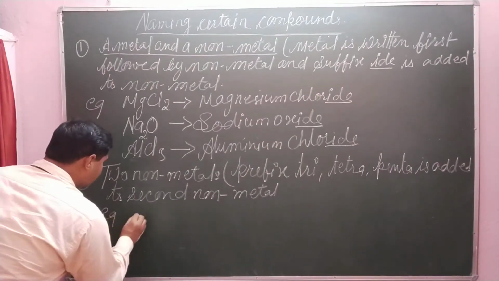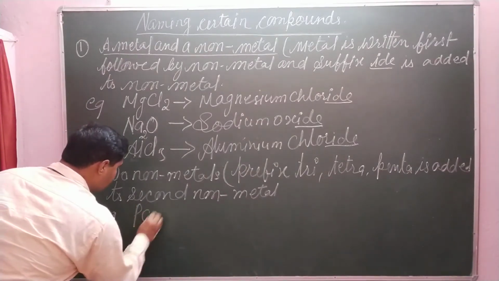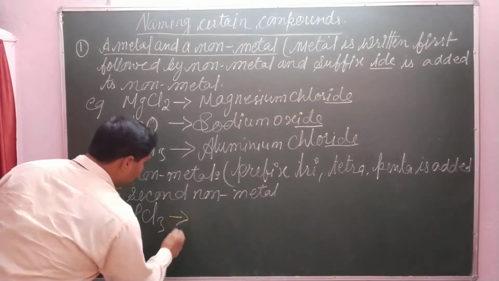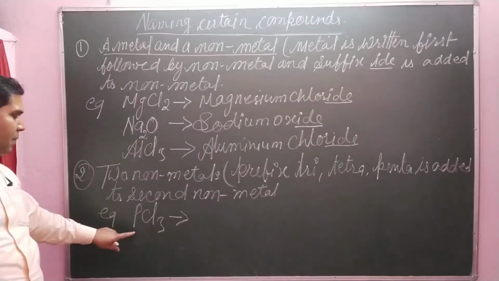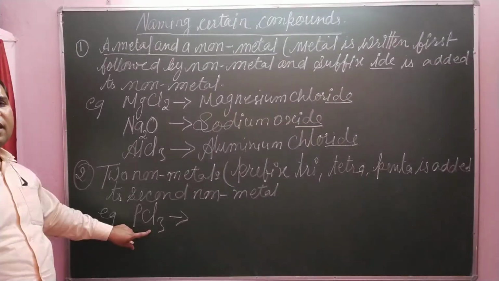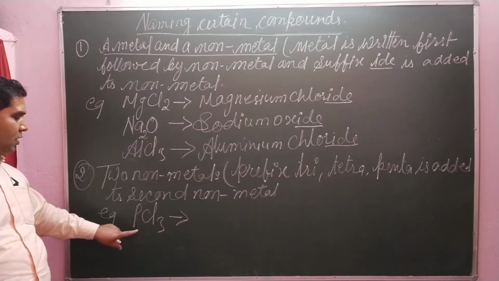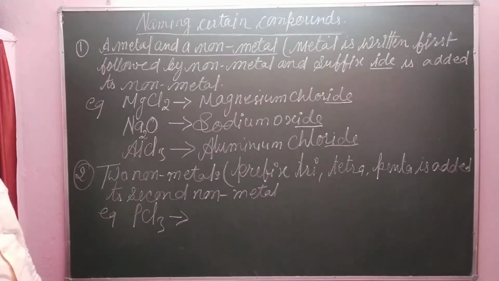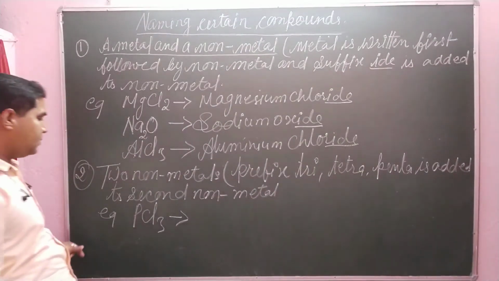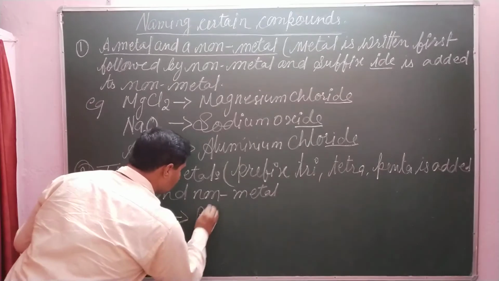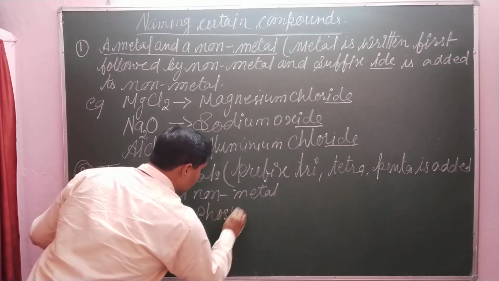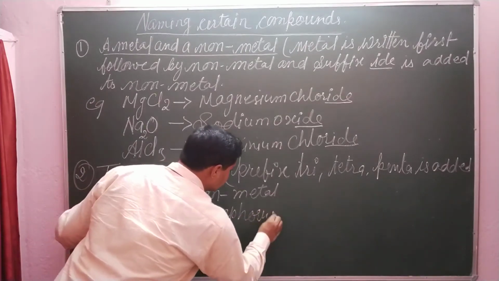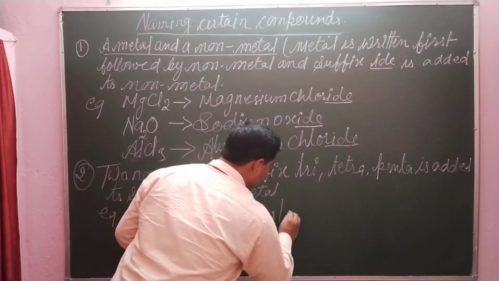Example, PCl3. In this compound you see both the elements are non-metals, phosphorus and chlorine. So the name of the compound will be phosphorus trichloride.